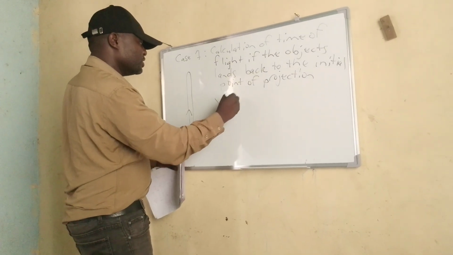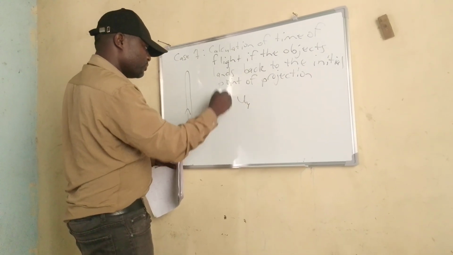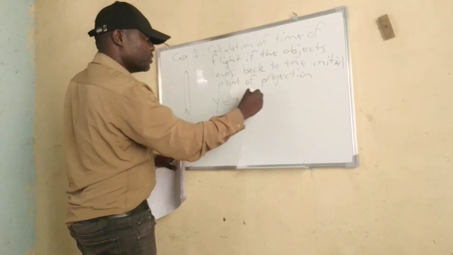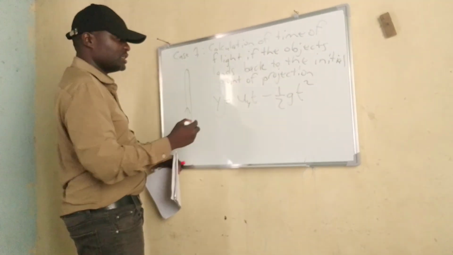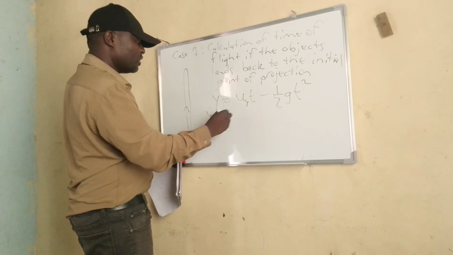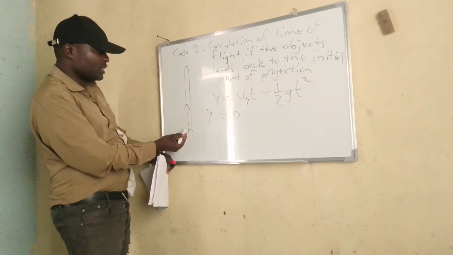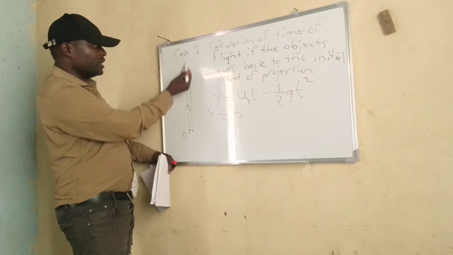So we've got this equation for the total vertical displacement: y equals ui t minus half g t squared. Remember, a is minus g. The total vertical displacement y is 0, because the object was projected from there, then it landed back.